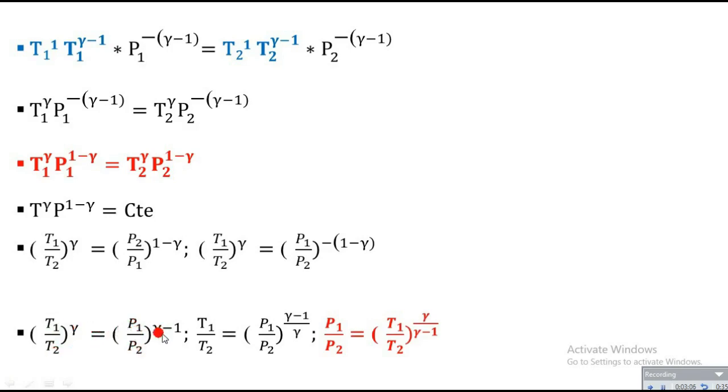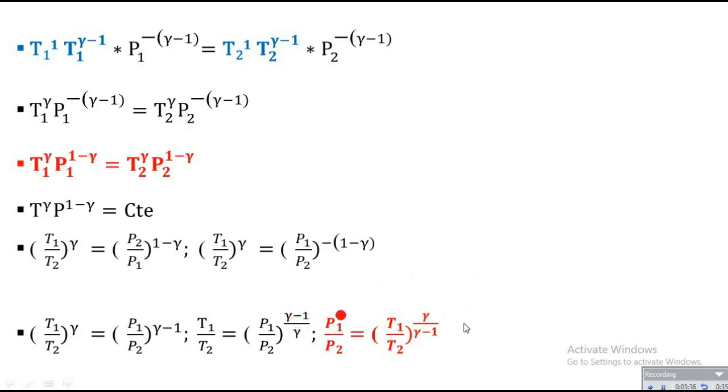Then we get P1 over P2 equal to T1 over T2, but we need to reverse this one. It's like 1 divided by this one, because here it is power 1. Then it is like 1 dividing with gamma minus 1 over gamma, so we need to reverse, which means it will be equal to gamma over gamma minus 1.